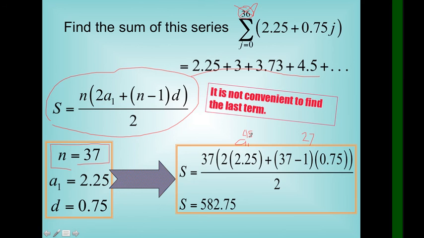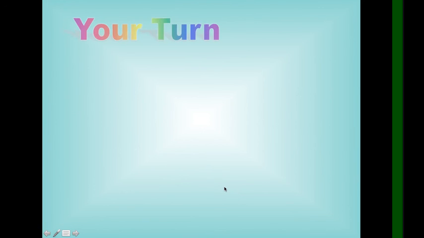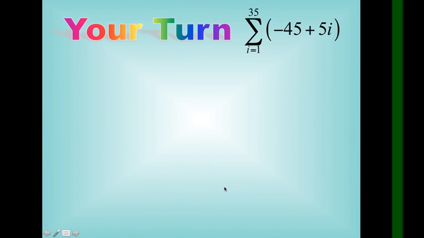Times mo siya ng 37. That's 1,165.5. I-divide mo siya ng 2. That's 582.75. So we have the correct answer here. No? Sorry for the wrong computation a while ago. So the answer is 582.75. Okay. Now, your turn.